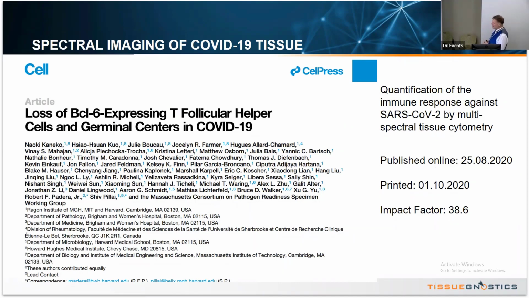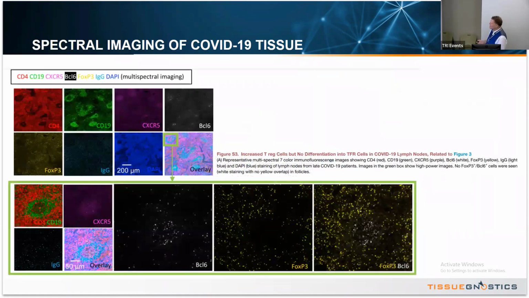There's a very prominent reference paper for this technology coming from Harvard University, where they used at the beginning of the pandemic in 2020 this system to quantify the immune response in patients who died from COVID-19 in the lung, by using a 7-color staining.